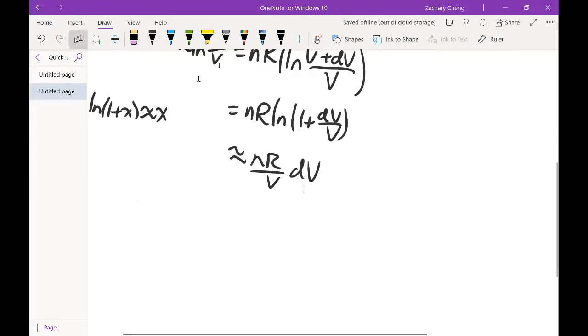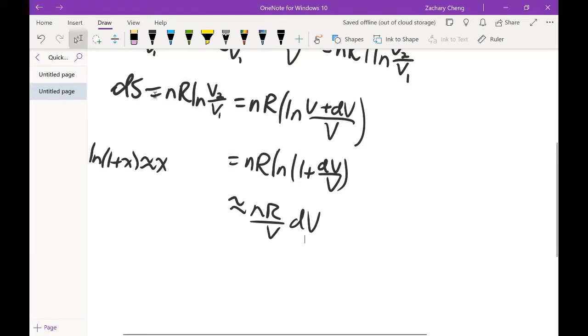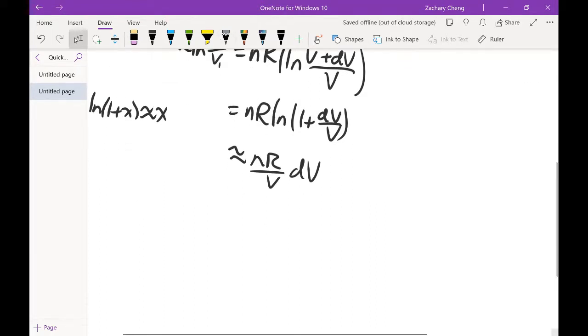So this is what happens if the piston moves to the right. This dS would be the entropy of the gas.